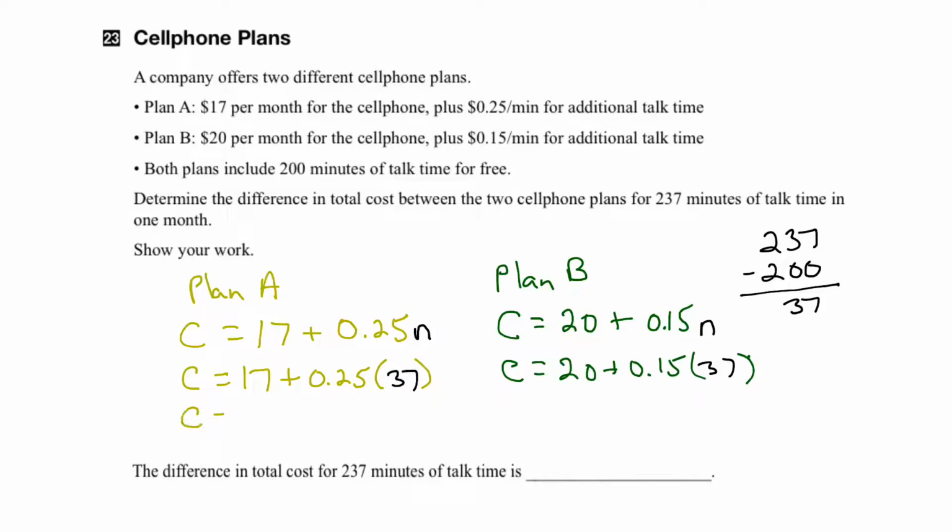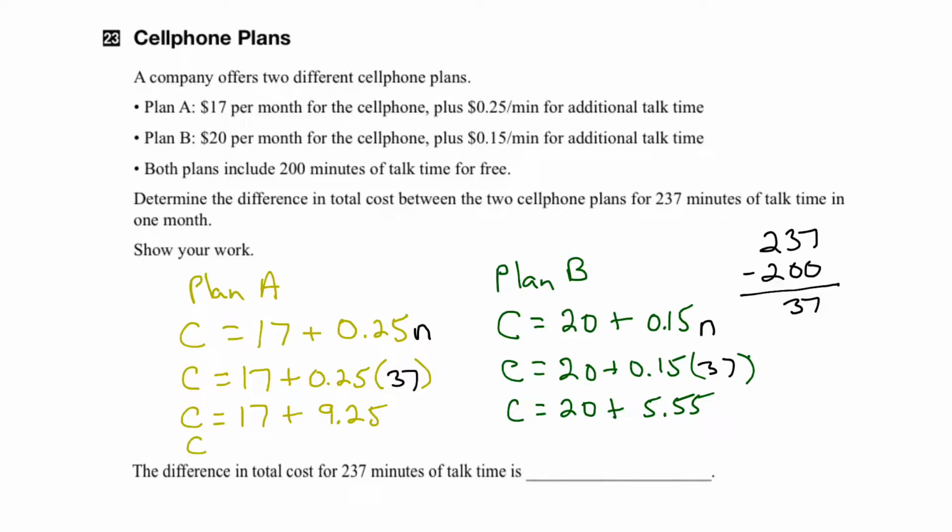So C would equal 17 plus that multiplication, which works out to be $9.25 when we multiply those two values together. And for Plan B, the cost would be 20 plus 0.15 times 37, which works out to be $5.55.